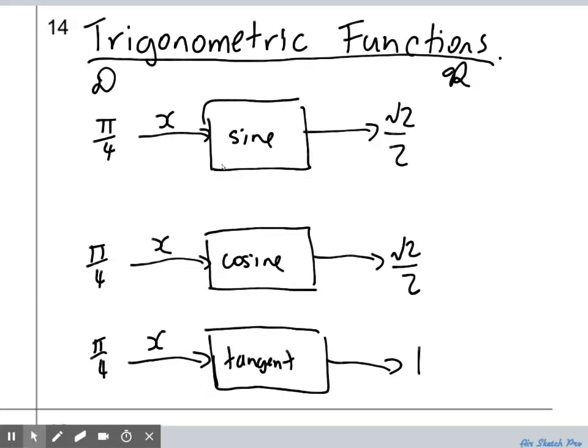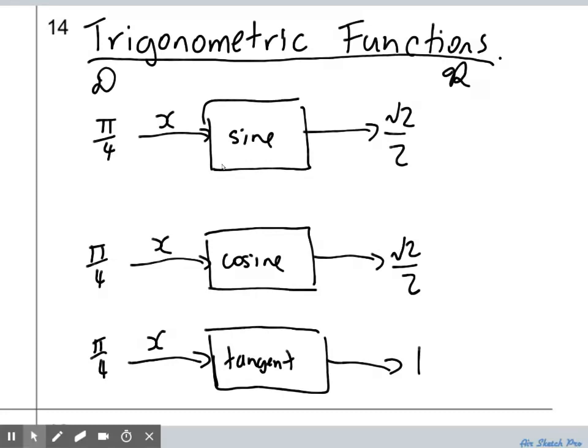Okay, that makes it a relation, but a function, as you know, has to map from the domain to the range, and every element of the domain can only map to a single value on the range. Do we have that with trig functions? Well, with trig relationships, we do. The sine of pi on 4 is only root 2 on 2.